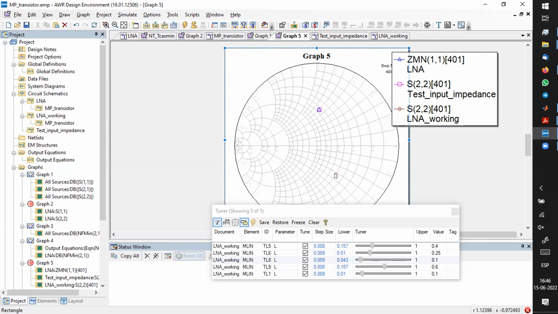Output matching network. So same thing, you continue. Now you want to get to the middle of the Smith chart.